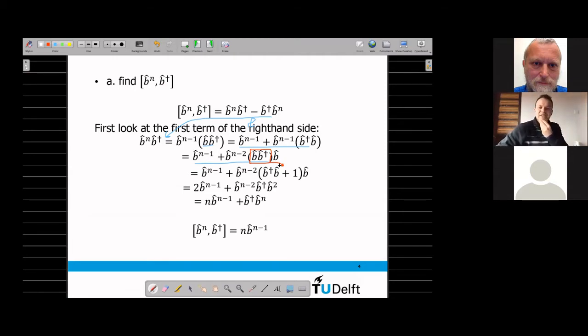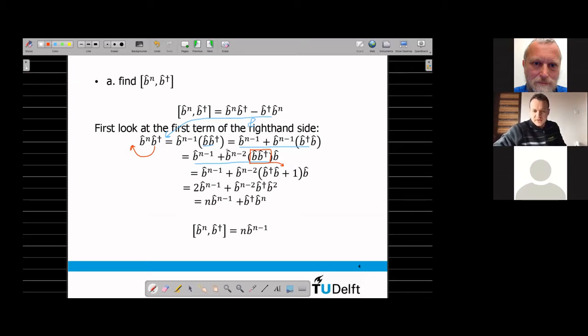The goal of this is to try and put b dagger in front of b to the n. So we do the same commutator at every step and see what we're left with at the end.